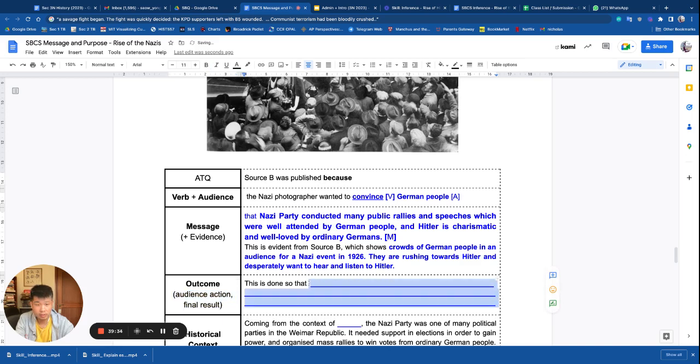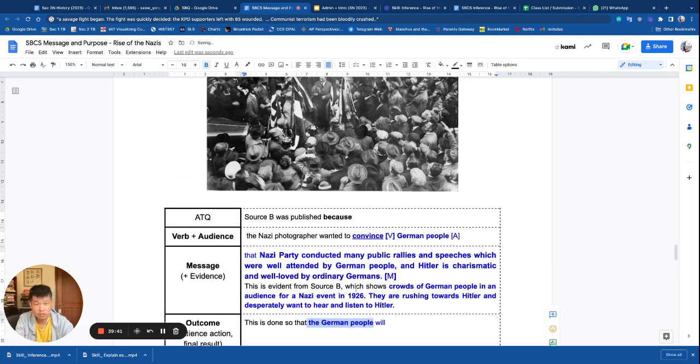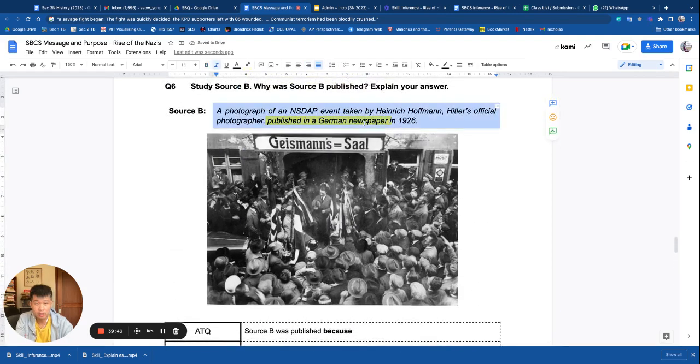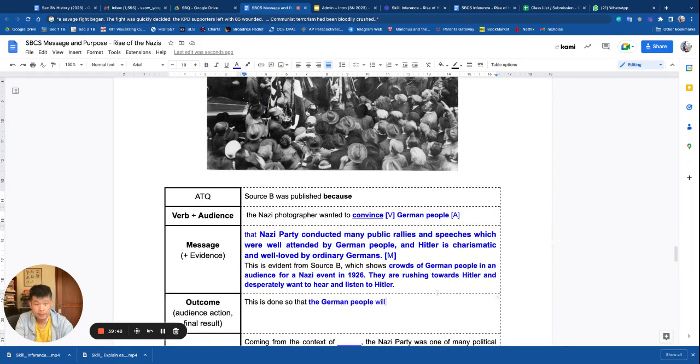This is done so that the German people will, so this is like the German newspaper readers, right? The German people will see Hitler as a great leader and speaker who really is popular and understands the ordinary German.